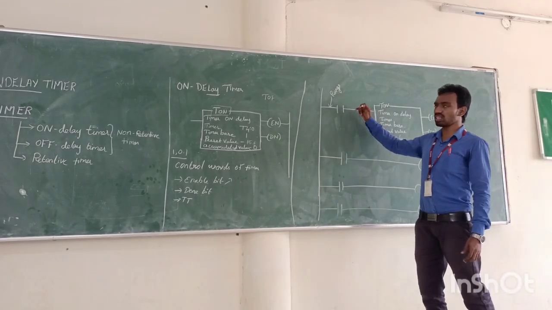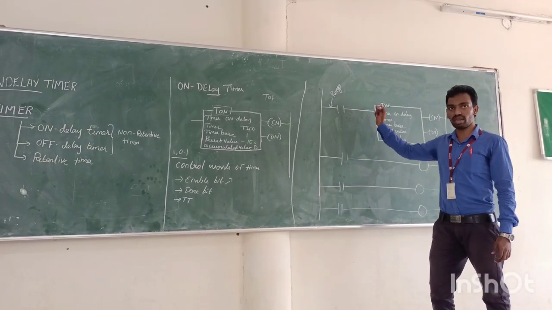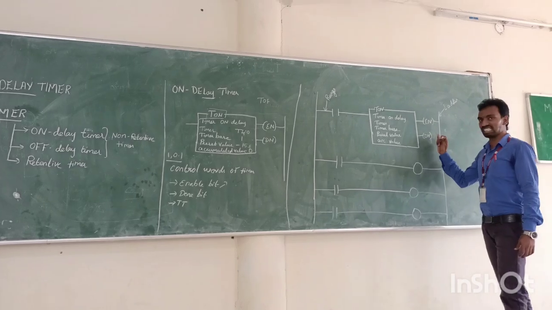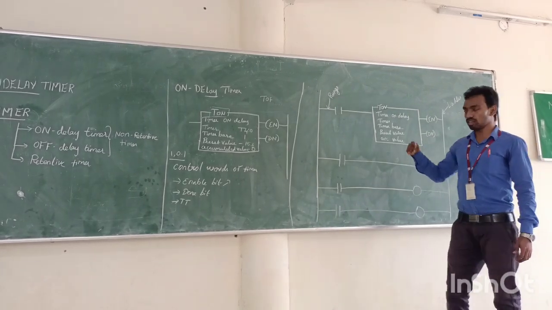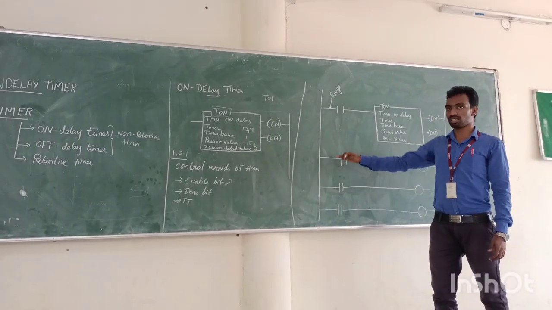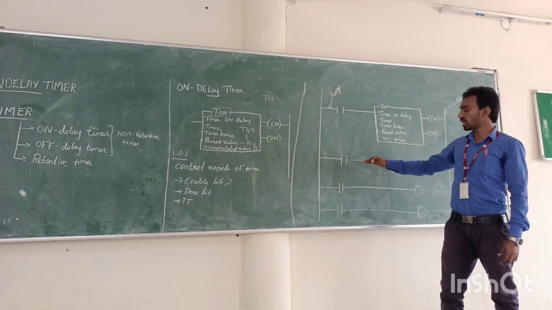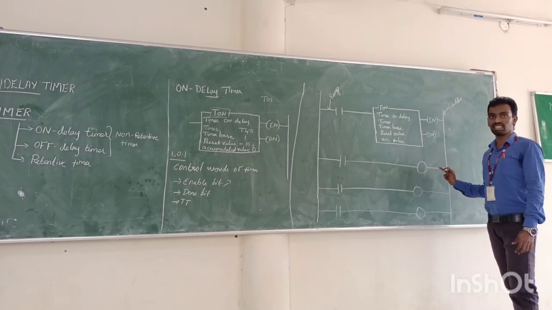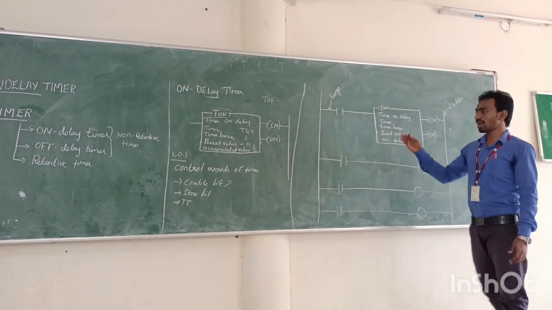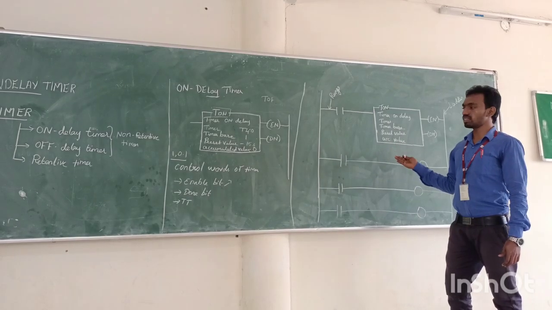Each and every rung contains n numbers of input devices and ends with a single output device. So we can add n numbers of input devices in each and every rung, and it should end with one single output device. It may be a branch or connected in series.